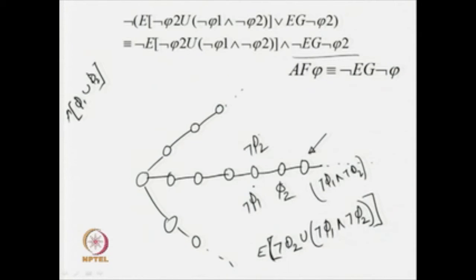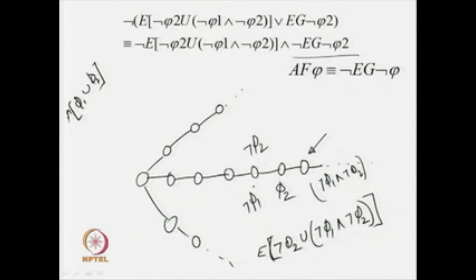So, in this particular case what am I going to get? I have already said that in semantics the future notion includes the present also. So, since both of these are true, that means eventually this formula will be true, but our objective is that the negation must be true. Since the negation must be true, eventually not of phi 1 must not be true over here.